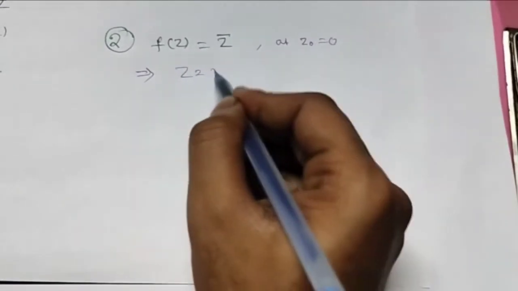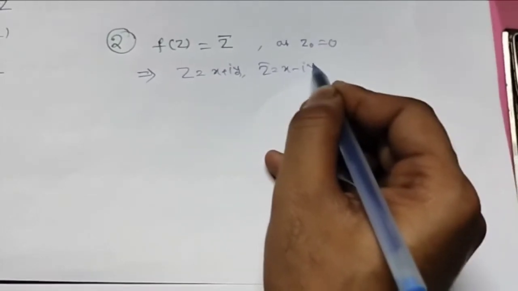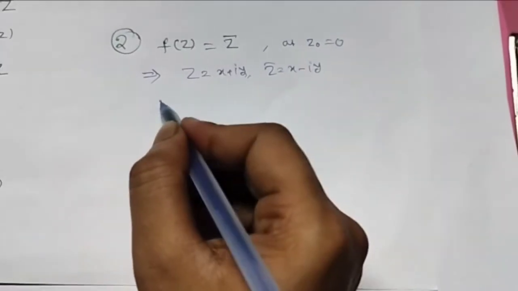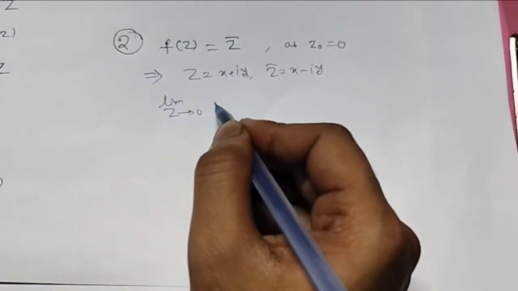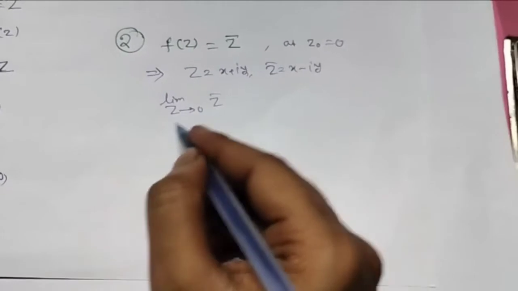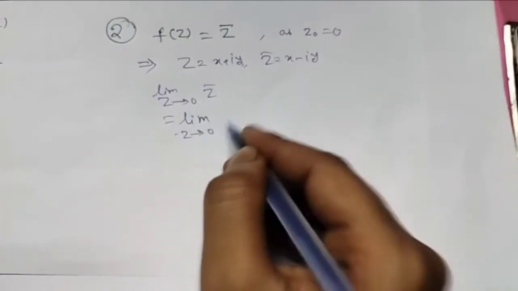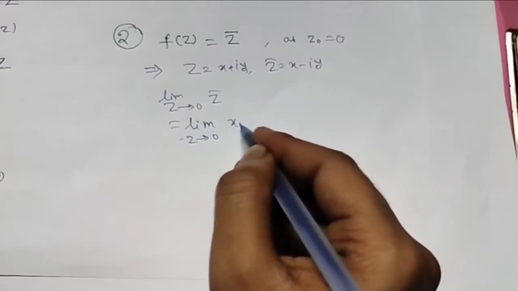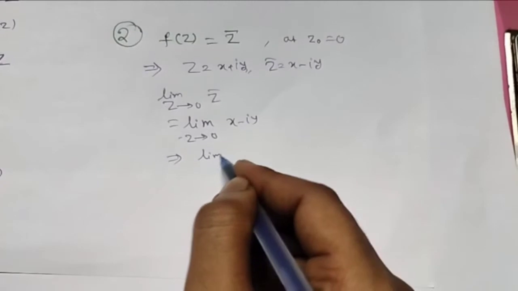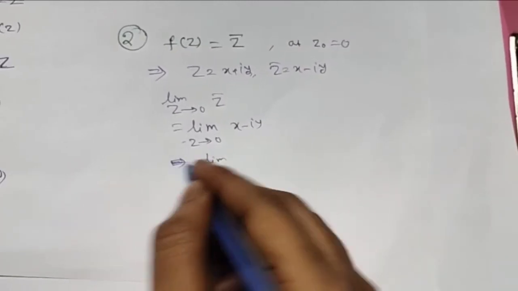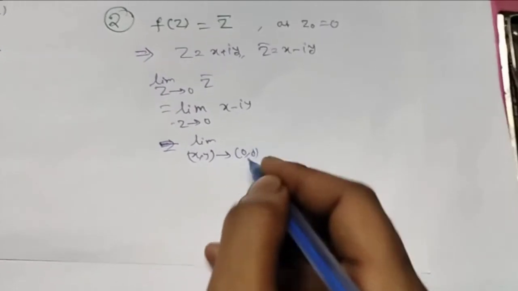We know z = x + iy and z bar = x - iy. So again, the limit as z tends to 0 of z bar is equal to the limit of x - iy, as (x, y) tends to (0, 0).